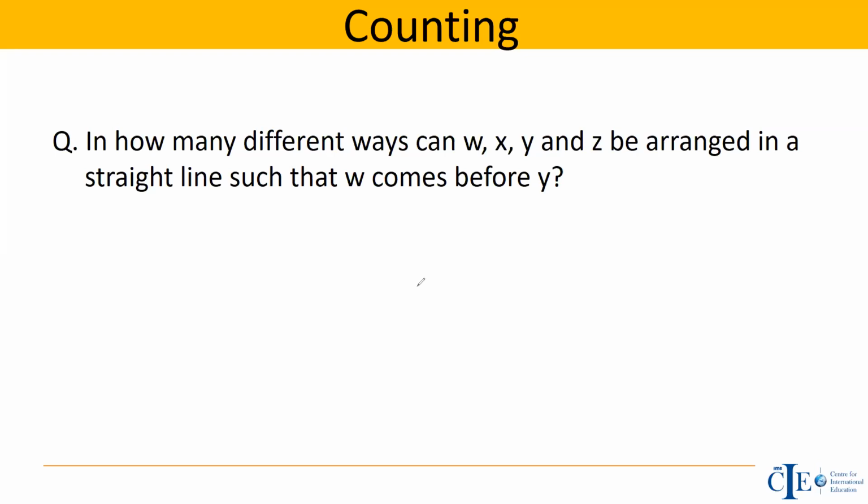See, this problem can simply be solved by thinking from the idea of symmetry. So let's say if there are three people, A, B, C, standing in a line, so there would be six possible arrangements, right?